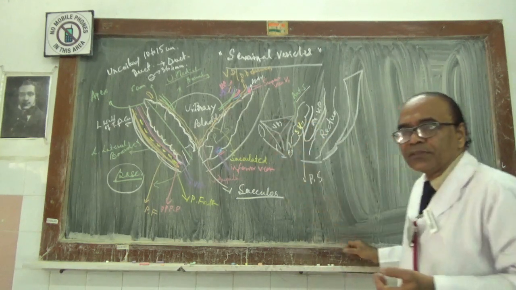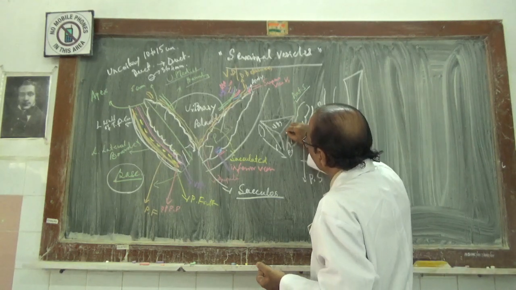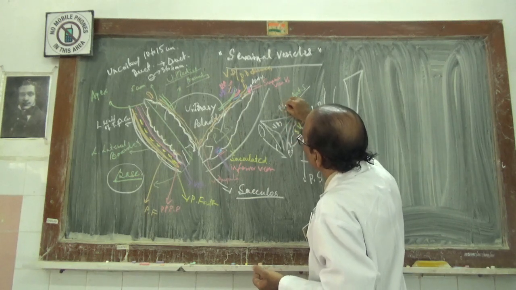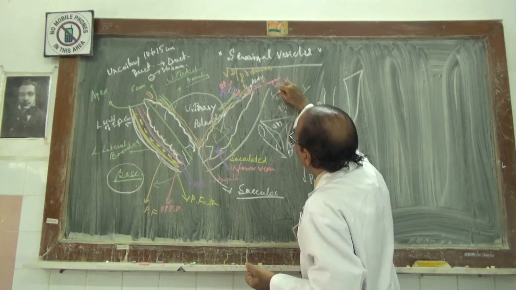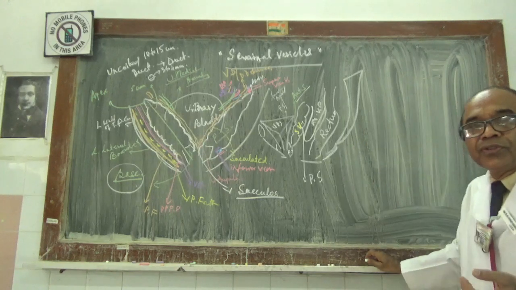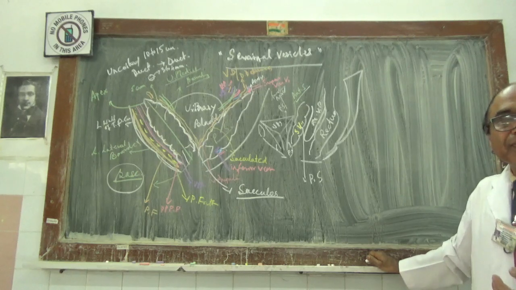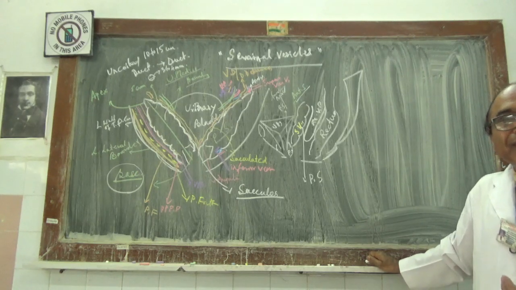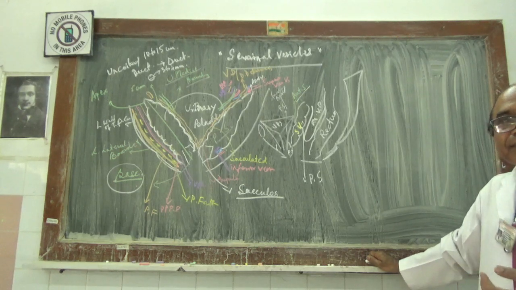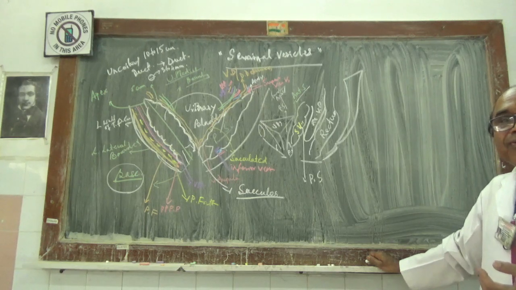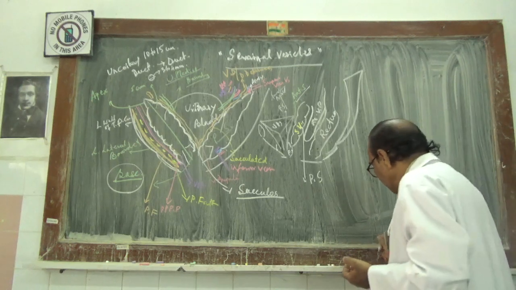This is related to the posterior surface, base or fundus of the urinary bladder, as well as to superior and inferior vesicular arteries and superior and inferior vesicular veins.